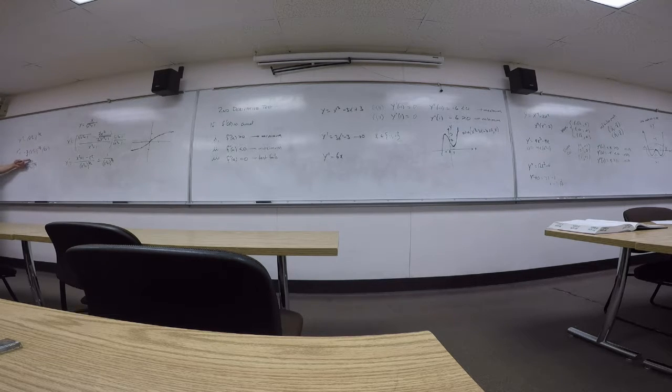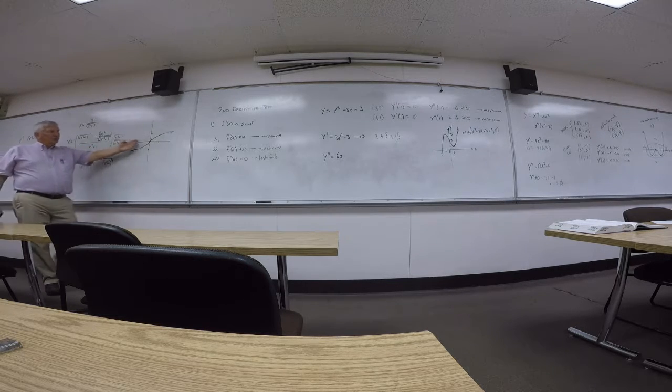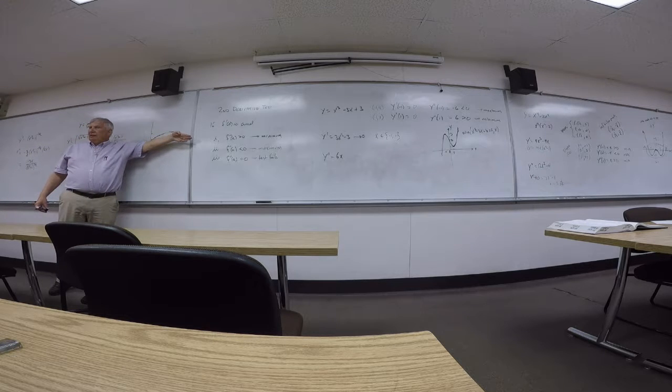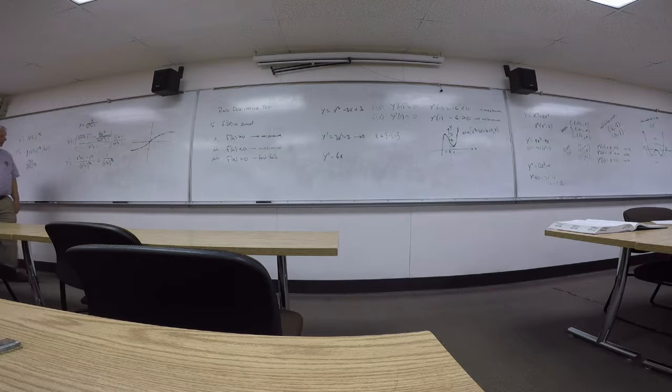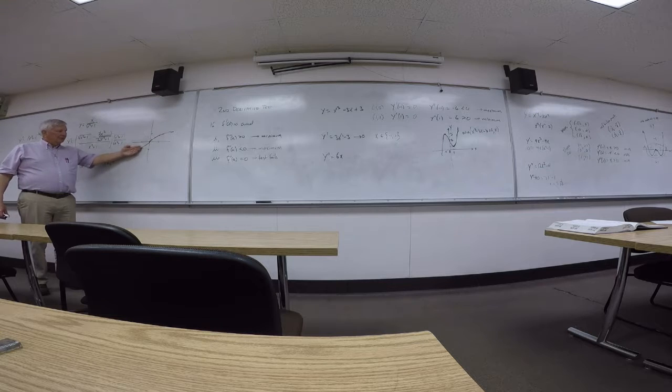And when x is positive, this has a negative second derivative, which means concave down. This portion is turning to the right, it's concave down. And when x is negative, the numerator here is positive, so it says concave up. This is concave up.